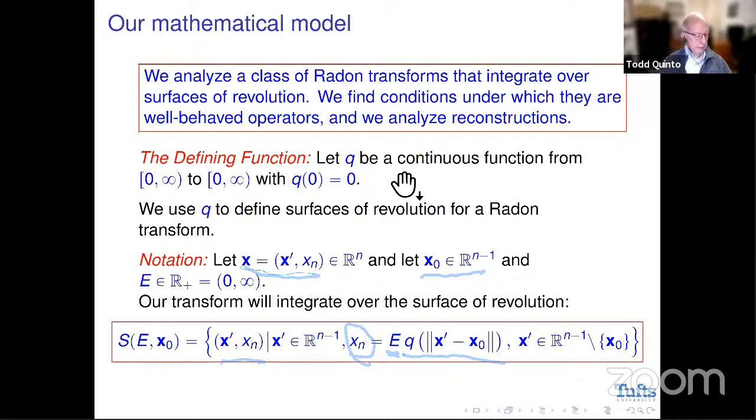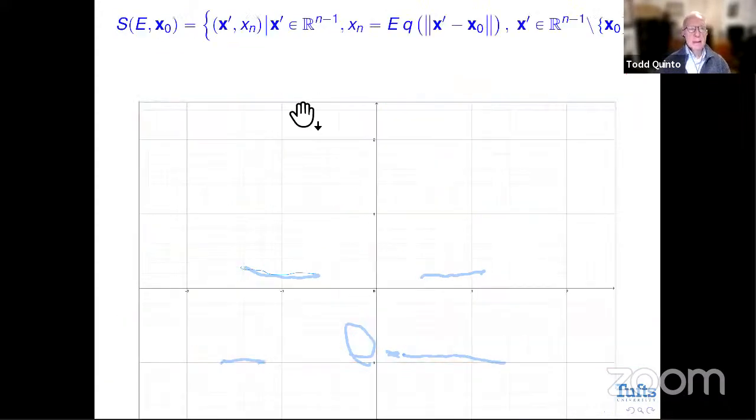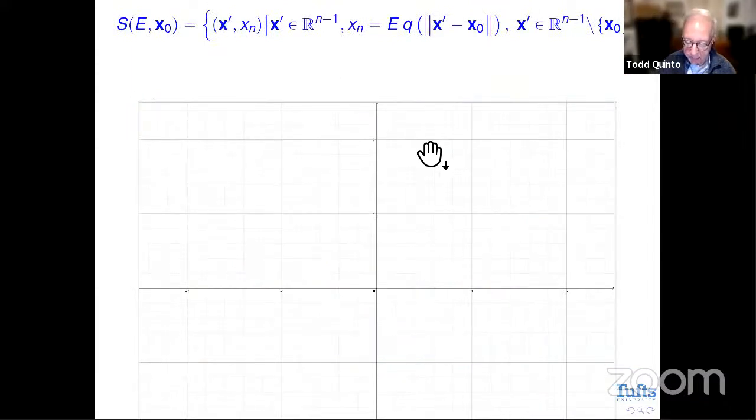So let's look at a picture of that. Here's the object. We take a point x0, and let's say r is the distance from x0 to x prime, and we take E Q of r.